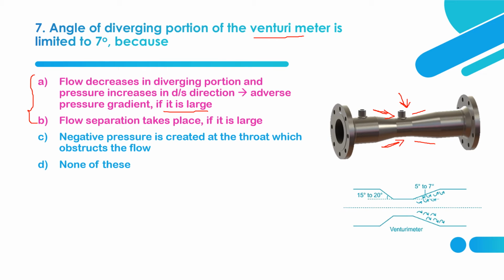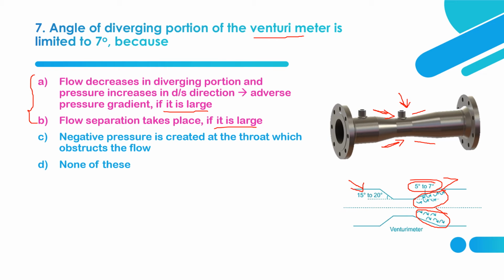Pressure increases in the downstream direction, causing the adverse pressure gradient if the angle is large. Flow separation takes place. This is regarding eddies. You can see in this diagram the eddy formation. So flow separation may take place if this angle is very large. So 5 degree to 7 degree is the optimum angle of divergence, while for converging it is 15 degree to 20 degree.